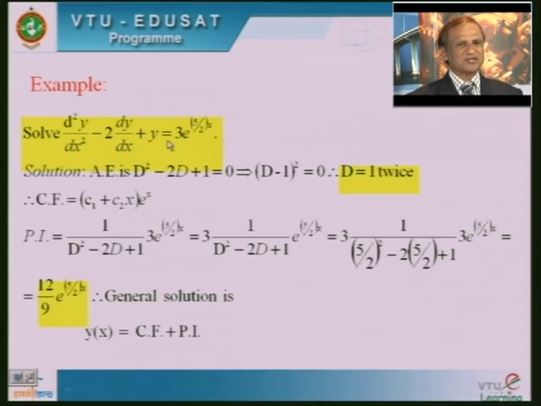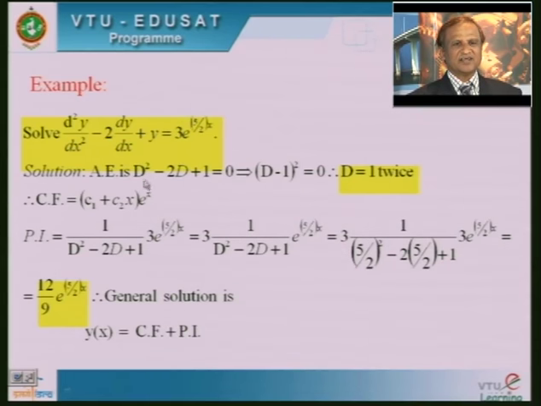As I have mentioned, the solution may contain two parts, the complementary function as well as a particular integral. We are already familiar with the complementary function. First, you write in symbolic form, so we can replace d by dx by capital D. It can be written as D square minus 2D plus 1 into y is equal to, you can write the right hand side as it is.